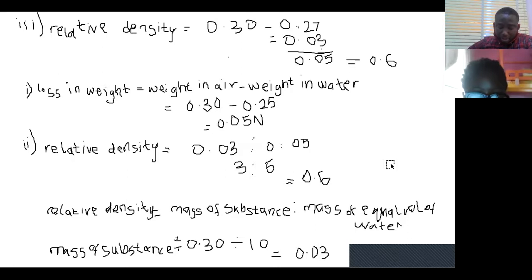A metal block of density 9,000 kilogram per meter cube weighs 60 Newton in air.